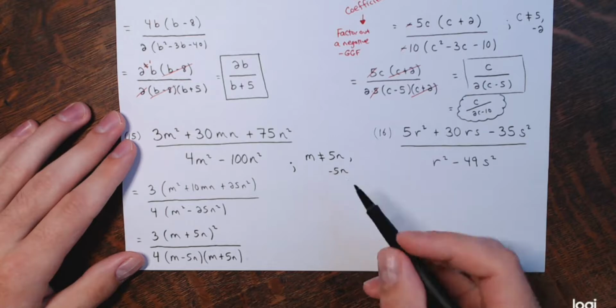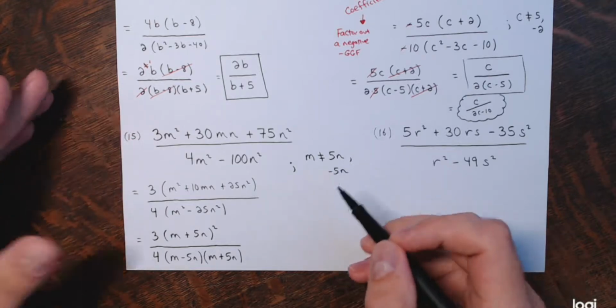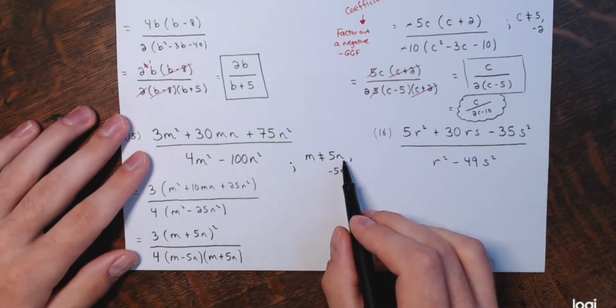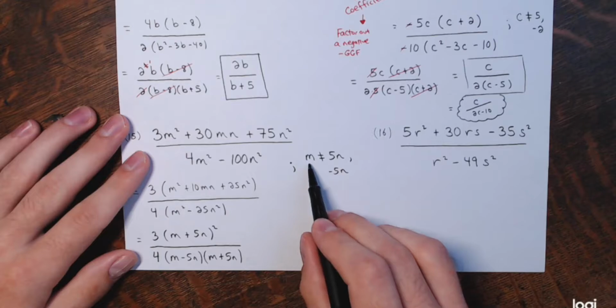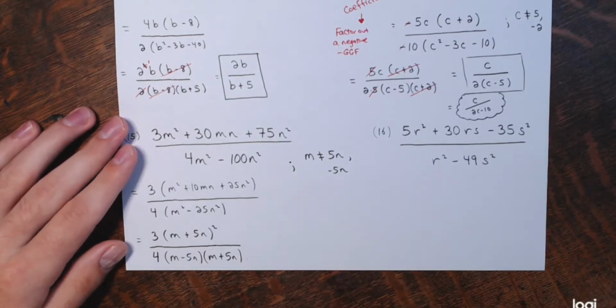Now I could replace n with 1 and m with 6. That'd be fine, just so long as m is not 5 times your choice of n, and m is not negative 5 times your choice of n as well. As long as those aren't happening, you're not dividing by 0 and it's okay.